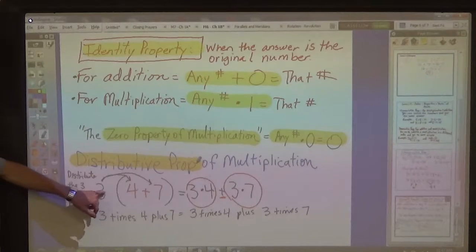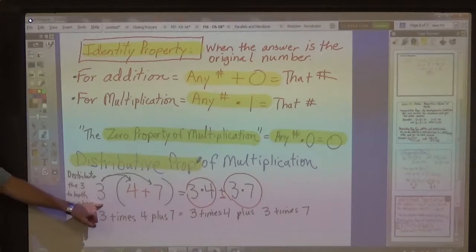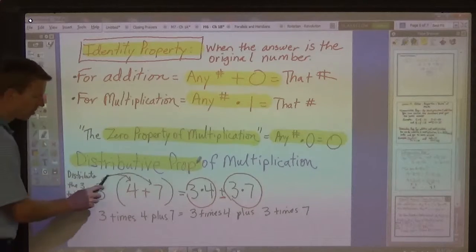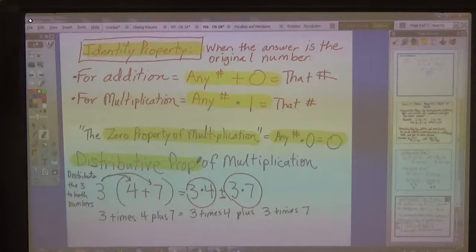Kind of like, have you played cards? If the dealer is going to give 3 cards to everybody, this arrow shows multiplying by 3 to each number inside the parentheses. The dealer has to deal the same number of cards to each of the people.